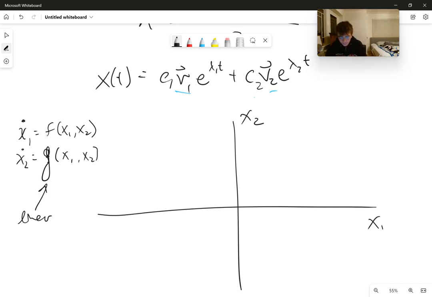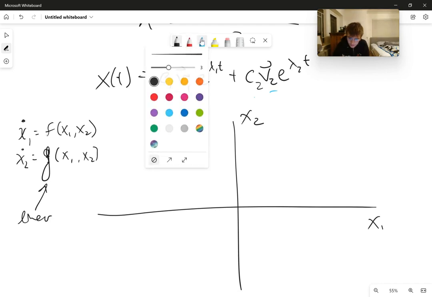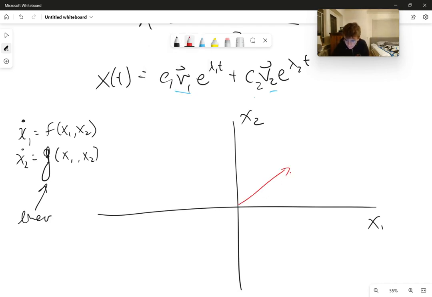If I started with initial data, let's draw v1 and v2. Say v1 looks like this and v2 looks like this.